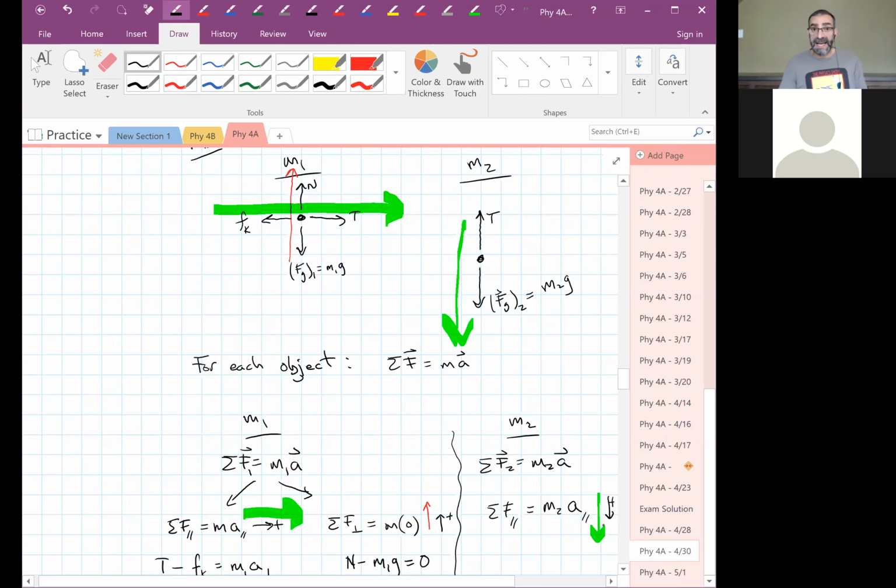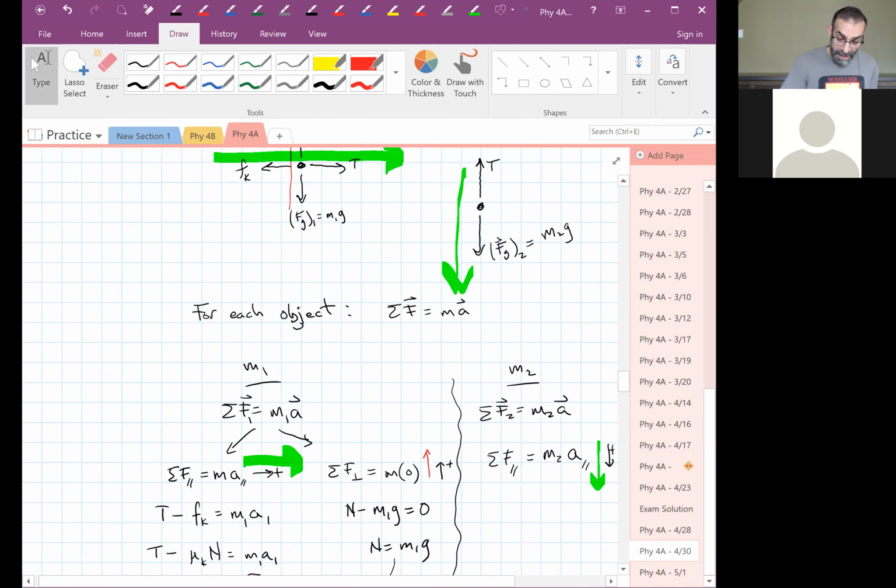It's fixed by the positive direction of the other one. All right, so what do we get here? In our positive direction, we've got the force of gravity pulling down, M2G. In the negative direction, I've got a tension force. And that has to equal M2 times its acceleration, A2.